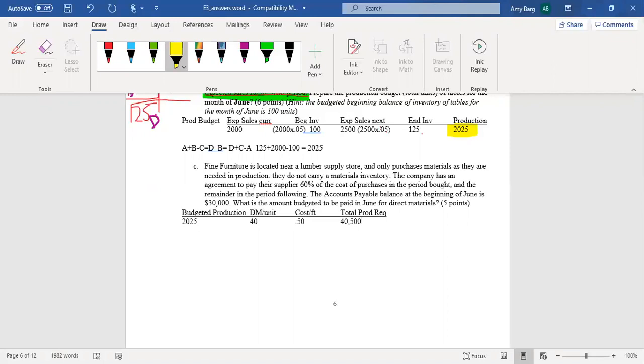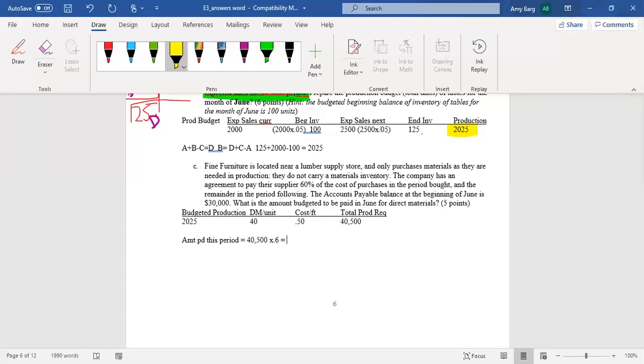But that's not how much we're paying, right? We are paying 60% from this period and the 40% left over from last period. So the amount that we paid this period is going to equal 40,500 times 0.6, because it's 60% of that.